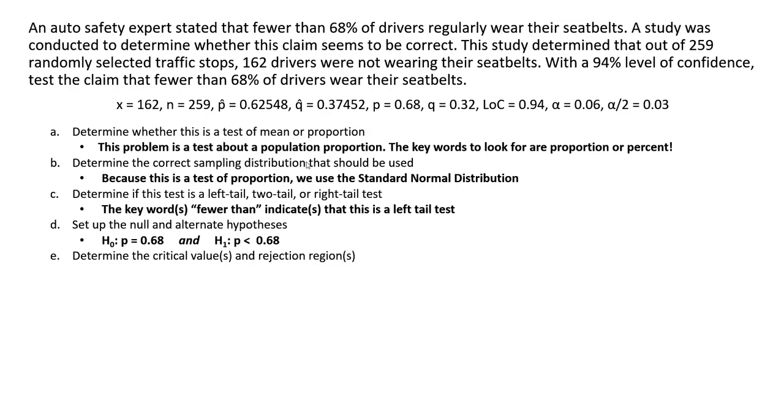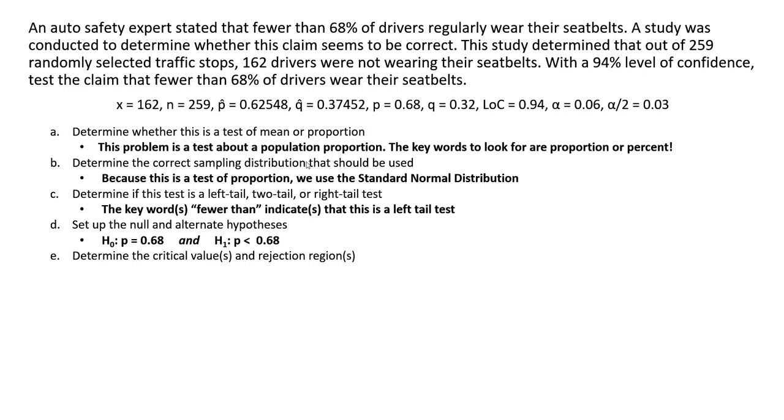For this one, because it's a one-tail test, we simply do norm.s.inv of alpha. We do not use the alpha over 2 value because we're not splitting it up into two tails. This is simply a one-tail test, so we only use alpha in that function.